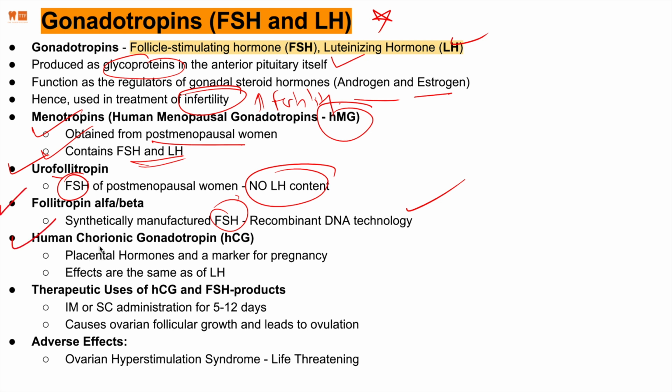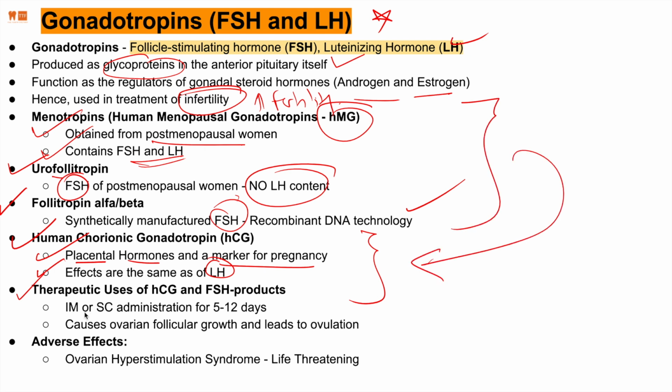Human chorionic gonadotropin, remember this was the pregnancy marker. Placental hormone and the marker for pregnancy goes up as the baby grows inside the womb. Effects are the same as LH, it luteinizes. Then therapeutic uses of HCG and FSH products, which is all right here.